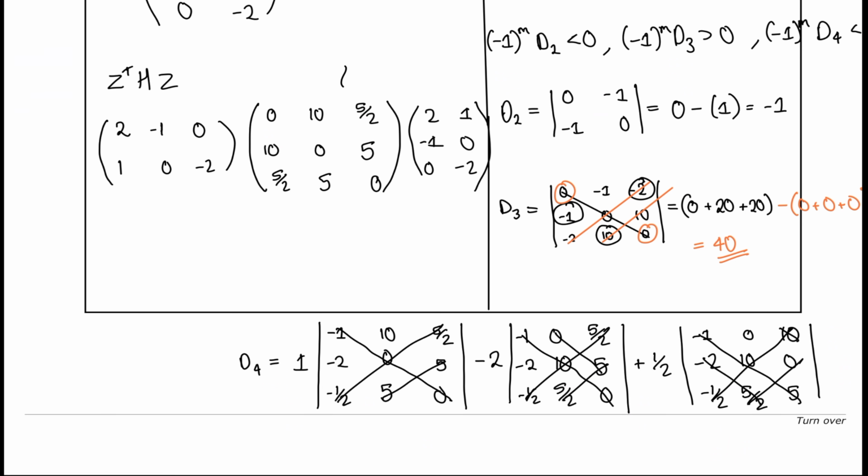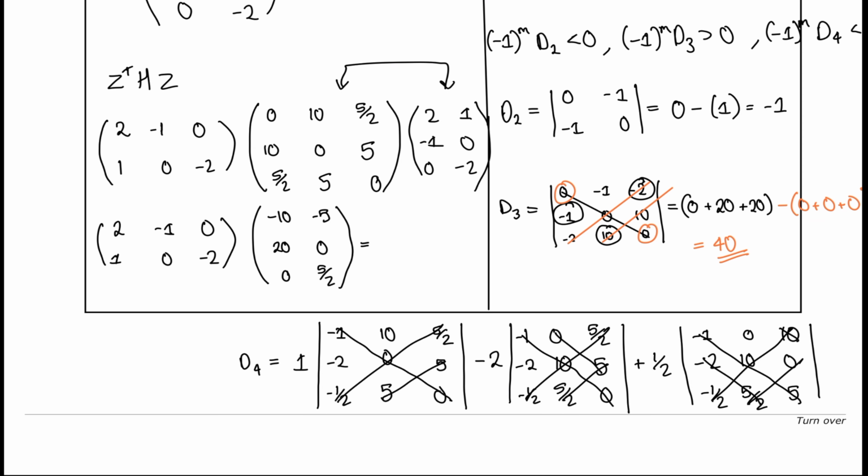If I now multiply these two matrices, we get minus 10, minus 5, 20, 0, 0, 5 over 2, and then multiplying these two matrices, we get minus 40, minus 10, minus 10, minus 10.